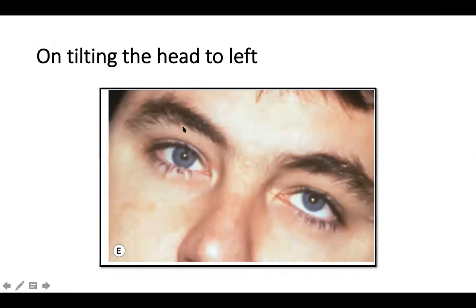But when we ask him to tilt the head towards the same side where there was a squint, that is towards the left eye, okay, the squint increased and diplopia increased. So the diplopia worsened on tilting the head to the left side. His squint also worsened by tilting the head towards the left side. Okay.